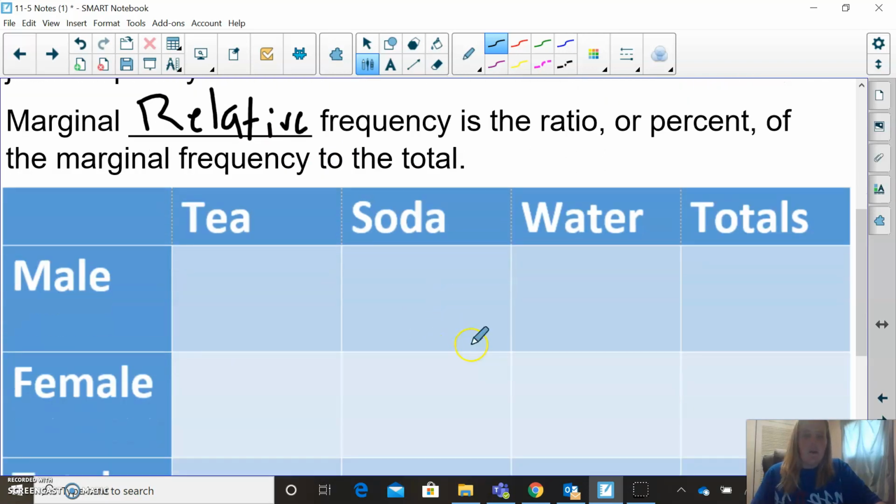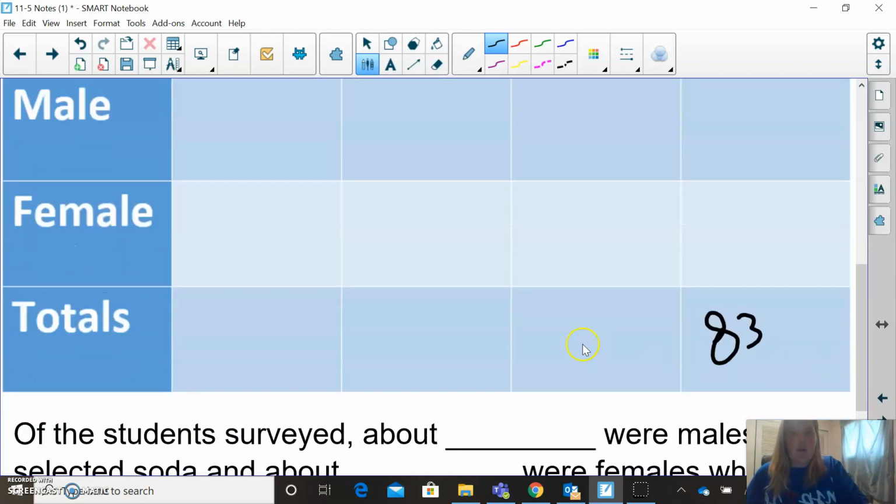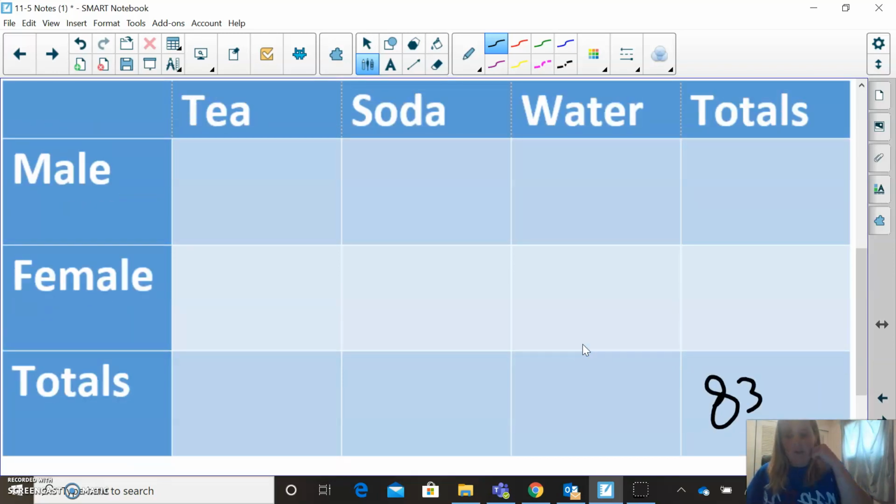So we're going to use the same numbers. We're not going to change anything. Remember, we had 83 total. So for males that had tea, we had 11. To find the joint relative frequency, we put it over the total, which is 83. 11 divided by 83 is 13%.